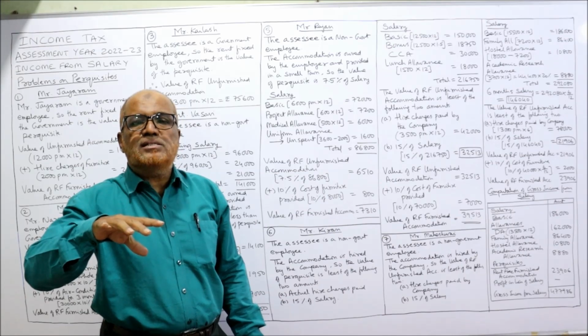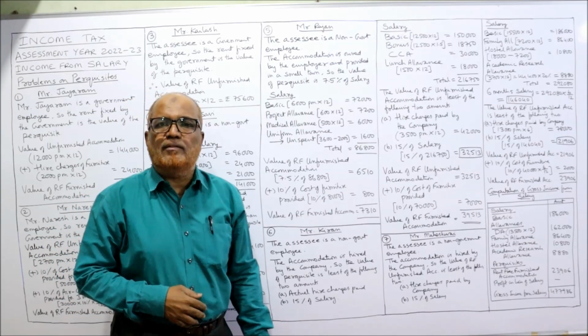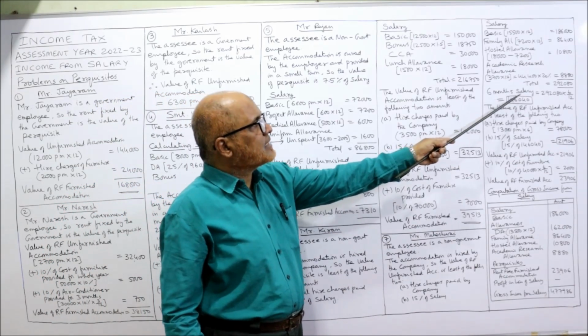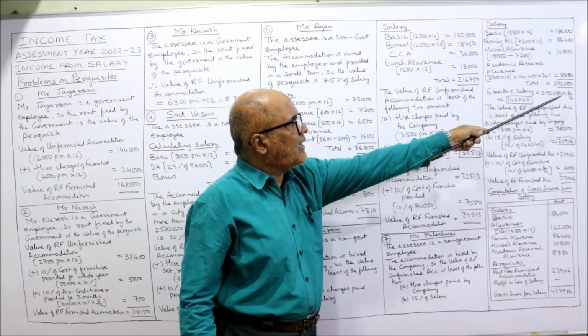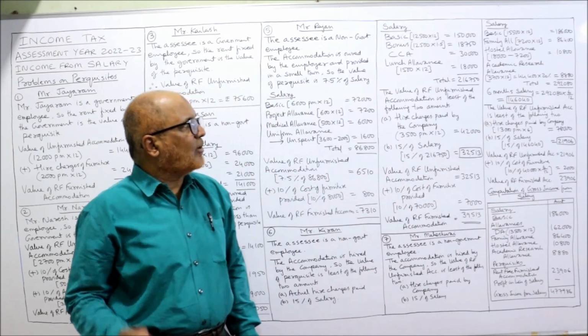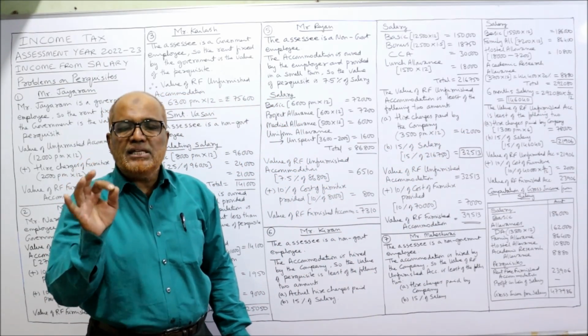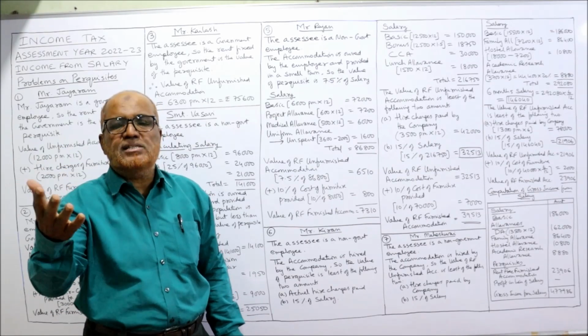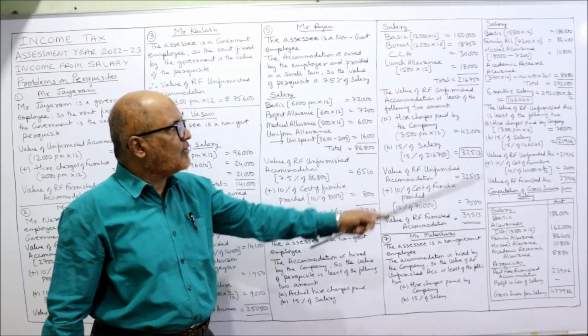But accommodation is given only for 6 months, so we need the salary also for 6 months. So 6 months salary, 2,92,080 into 6 by 12, 1,46,040. This is the total salary for 6 months, because accommodation is given for 6 months.